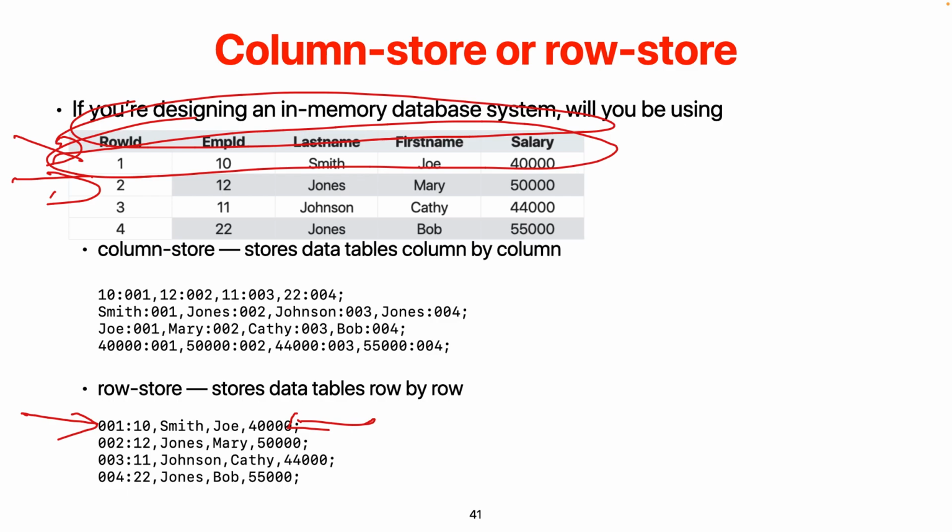So it turns out most database systems do column store, in a way that each column is stored consecutively. However, we keep the records within each column in a certain order. So you know the first one must belong to Smith, right? So that's how we maintain the database system.